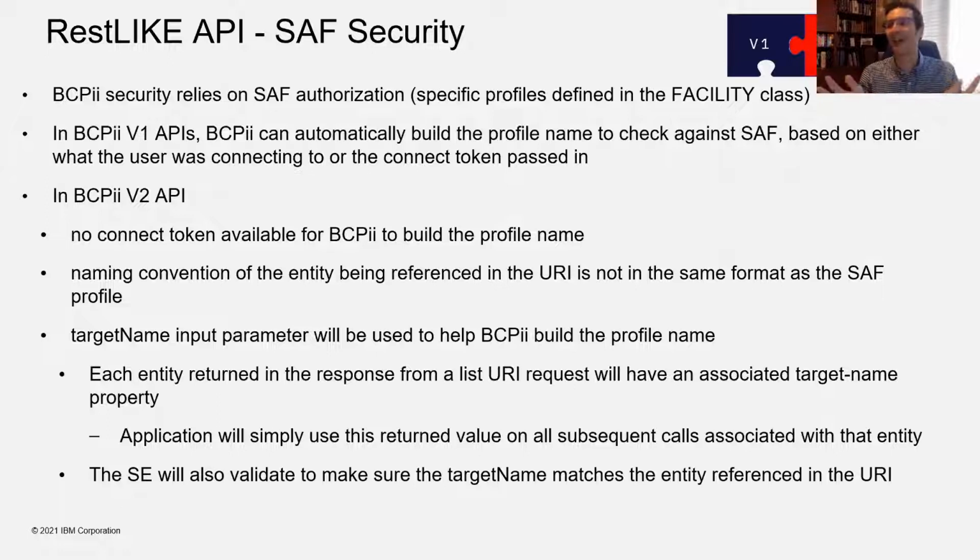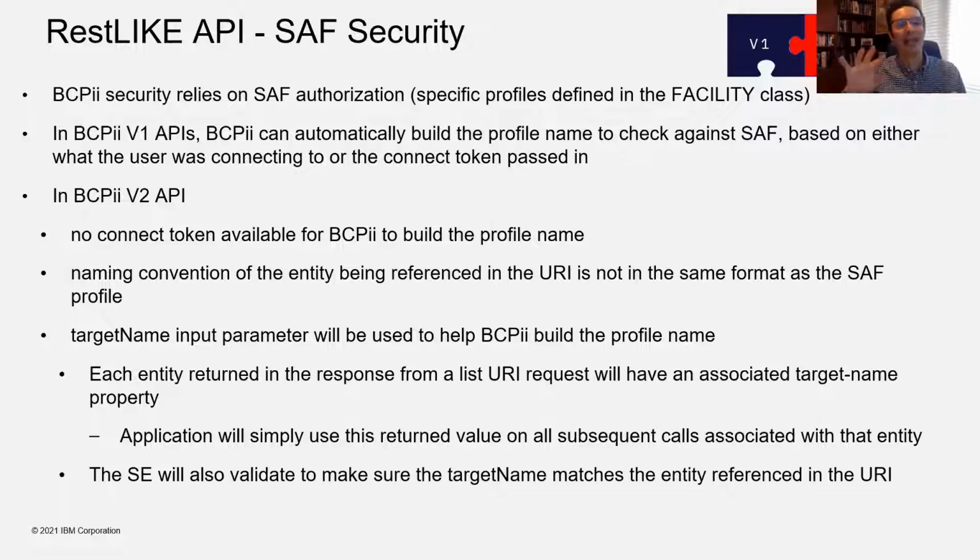Now, some folks have said, okay, that's very cute, but what happens if I just change the SAF profile to something else that I know I have authority to? I can get away with less security. No. If you don't specify the right profile name, the SE is actually validating that the target name that you specified matches what target name you should have specified.